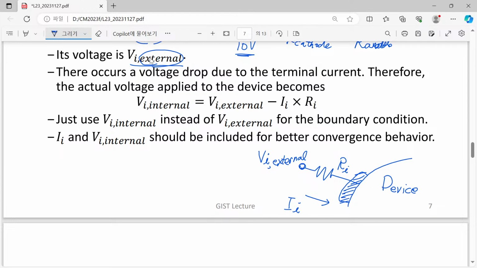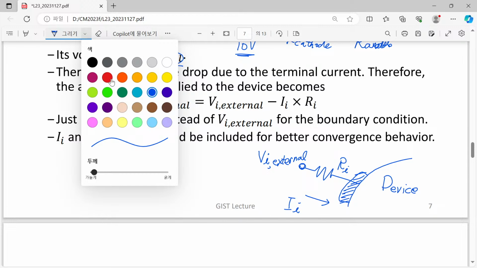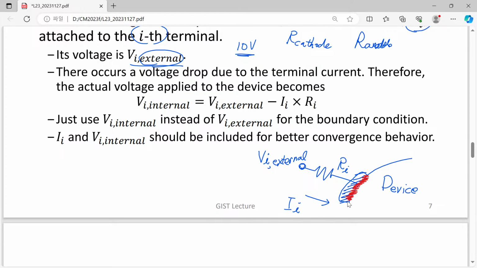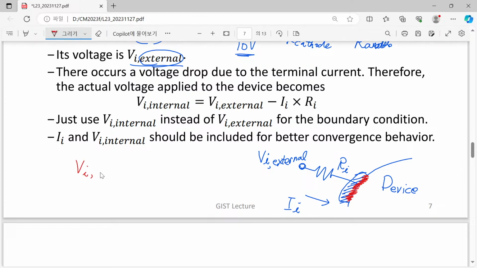Then what will be the actual voltage felt by our device? Since there is a resistor in between them, we can say that from this Vi external, the provided one, there will be a certain voltage reduction. So the voltage drop is simply given by Ii times Ri, because you know Ri is defined on this part.